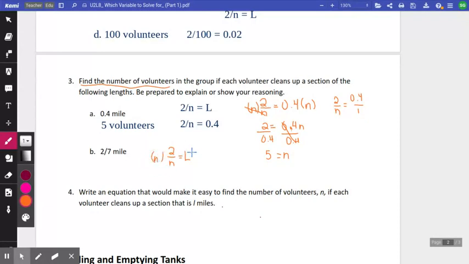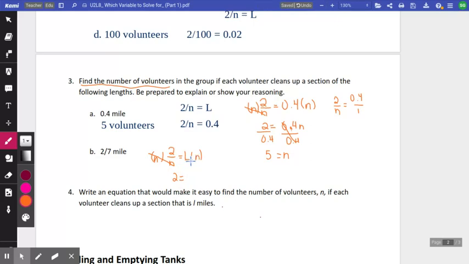The reason I chose multiplication is because right now the equation says dividing by n, and I want to do the opposite. The opposite of dividing by n is multiplying by n. When I do that, those cancel out and leave me with my 2. And then on the other side, we've got L times n.